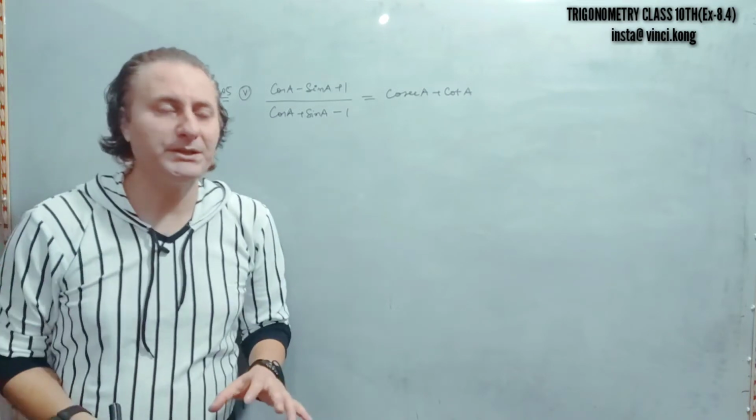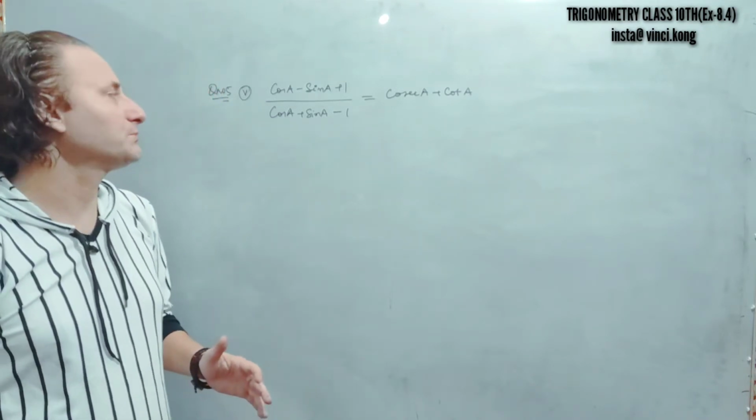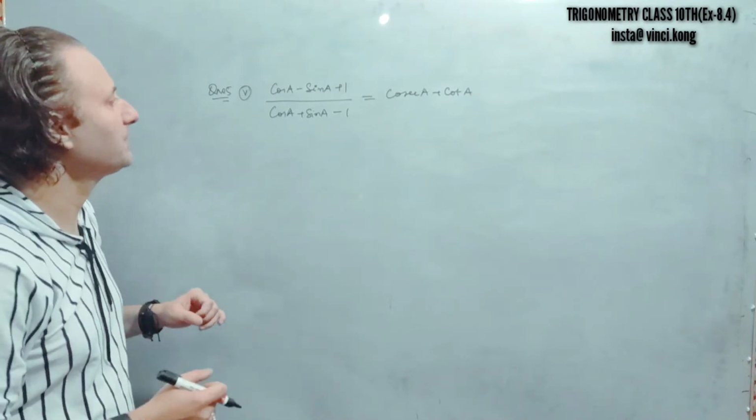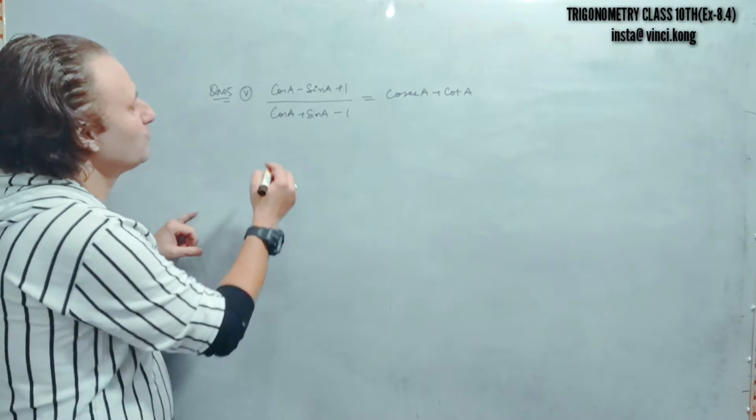Here in this particular question, and the only question by the way, we are going to do a different method. So what that method is, let me show you what I'm going to do.